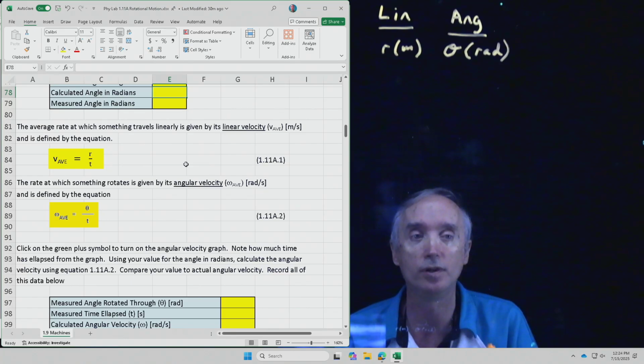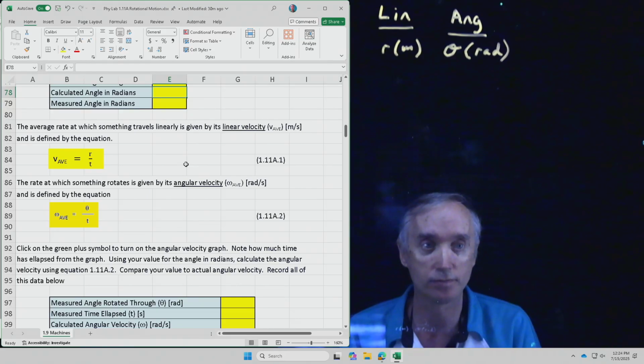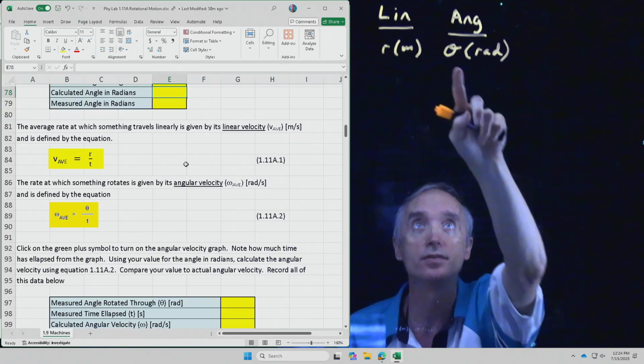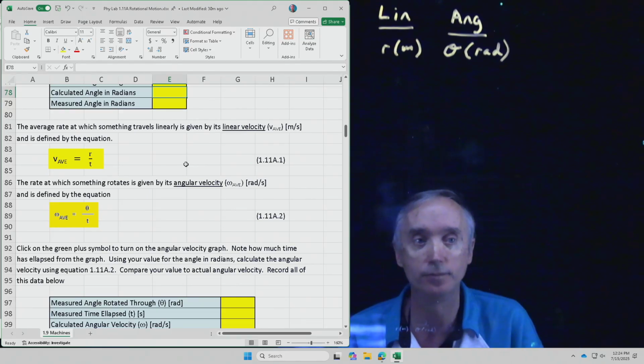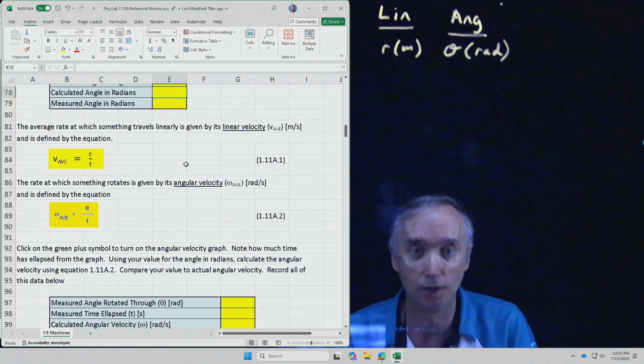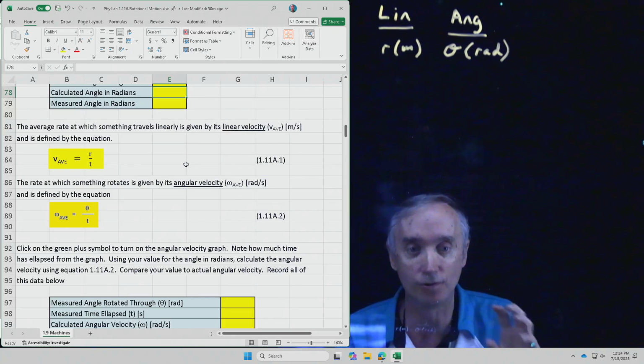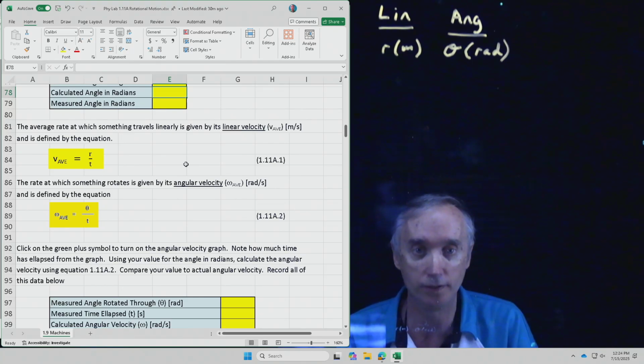And then you should know what we mean by an angle through which something rotates. The angle is given by this letter here, which is called theta, and its official metric unit is the radian, where if you go around in a complete circle, that's 360 degrees or 2 pi radians.